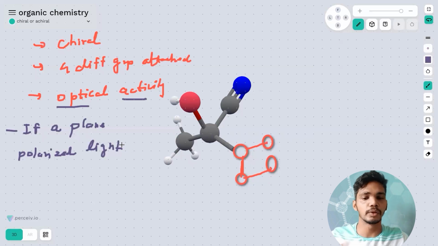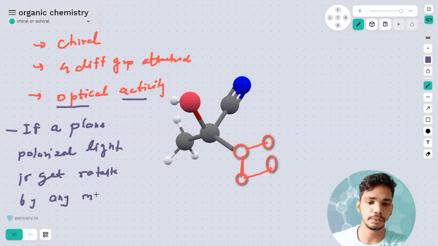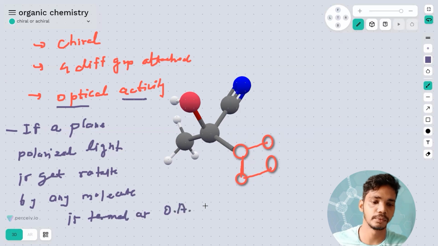Chroma means color, so you are taking a single color. That's called plane polarized light. If the plane polarized light is rotated by any molecule, it is termed an optically active compound.